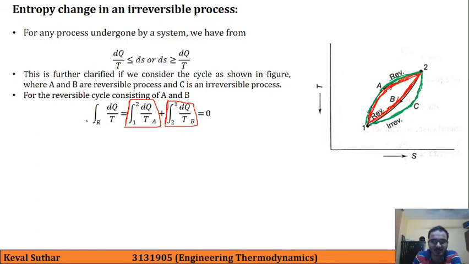As this term is an entropy and we are having this as a cycle, it is equal to 0.